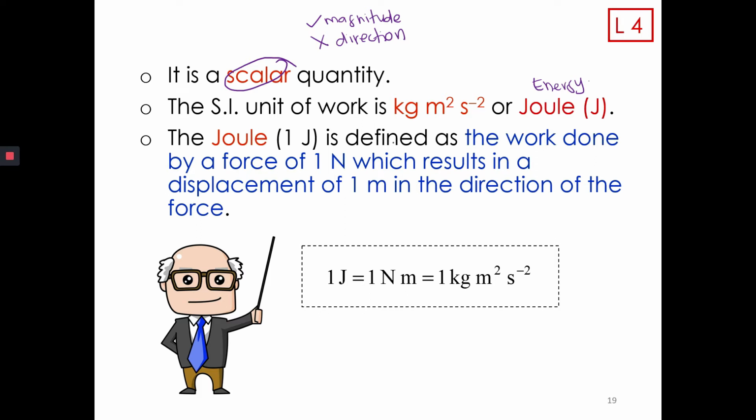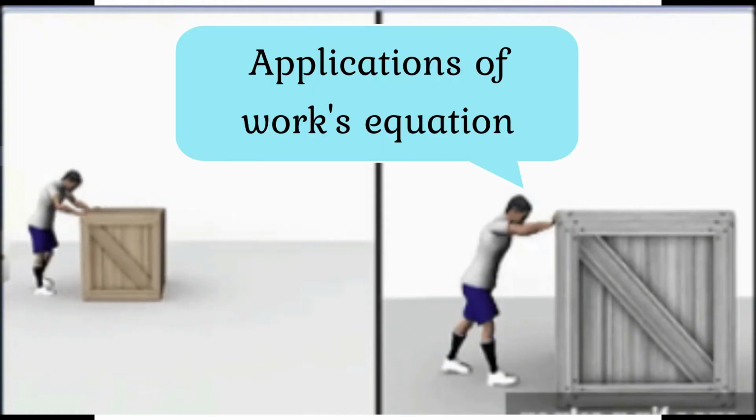Joule is defined as the work done by a force of 1 Newton, which results in a displacement of 1 meter in the direction of force. So 1 joule equals 1 Newton meter equals 1 kg m squared s negative 2.